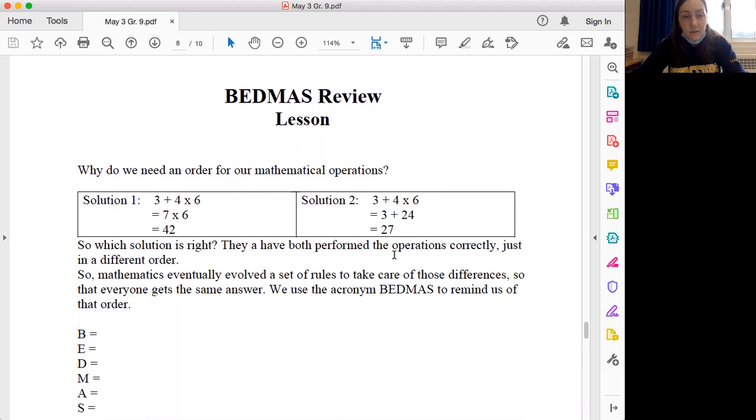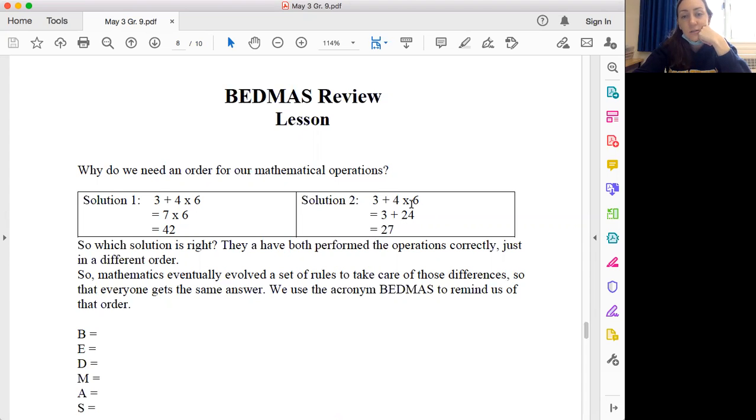So why do we need an order for our mathematical operations? Like you saw in your diagnostic on the first day, it's important to do it in a certain order. So if we look at this one, 3 plus 4 times 6, they had done the adding first and then multiplying, and it gives the answer of 42.